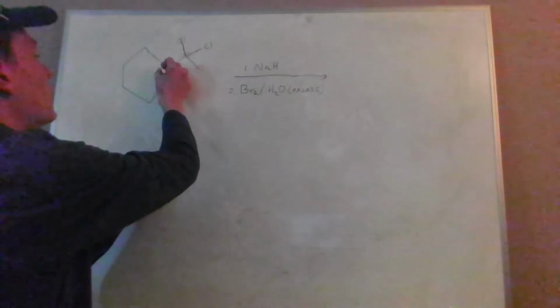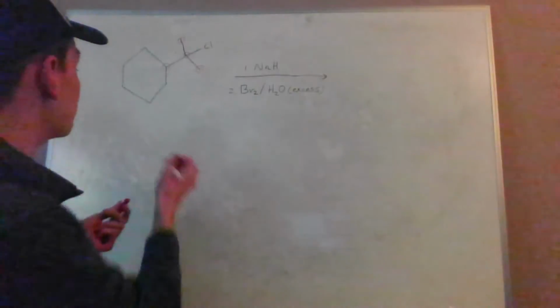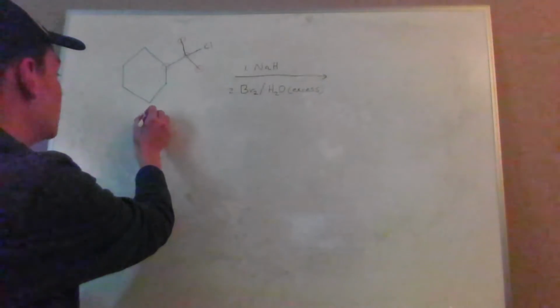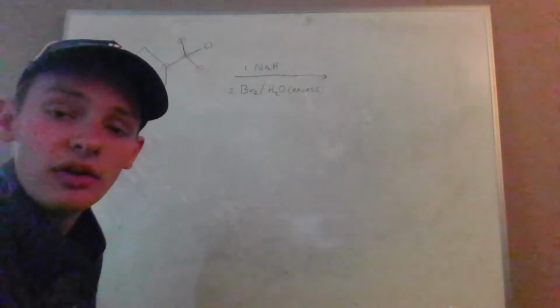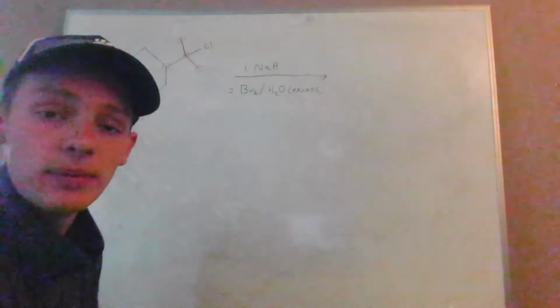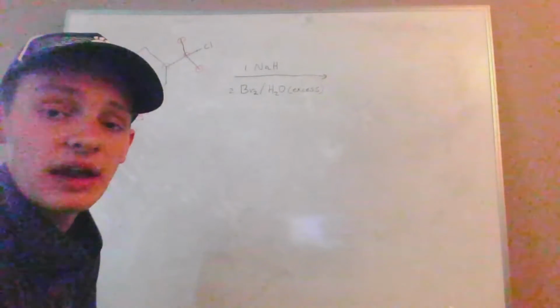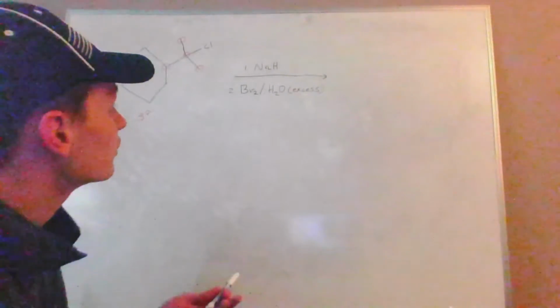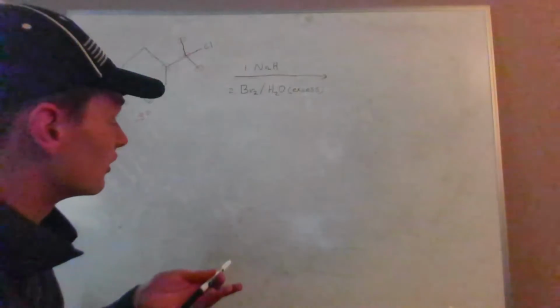And then it's also bonded to a carbon that is part of our cyclohexane ring, which means that it's bonded to three carbons, which means that it is tertiary. So that eliminates one of our reactions, which would be the SN2 reaction, which will not occur with a tertiary alpha carbon.